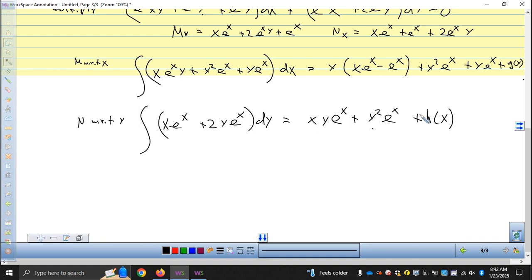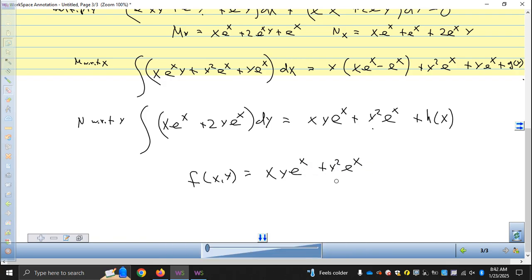And whatever functions of x are in this that are not in here are functions of x, whatever functions of y are in here that are not in here are this constant with respect to y, and we get f of x, y equals xy e to the x plus y squared e to the x plus c equals 0. C is our scalar constant.